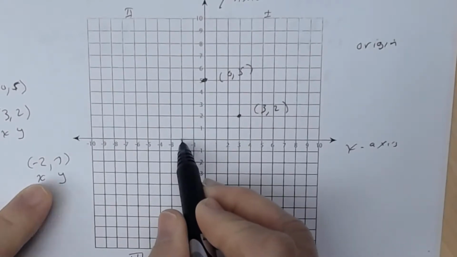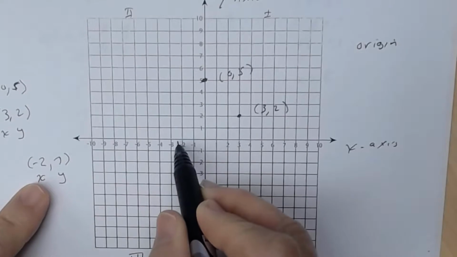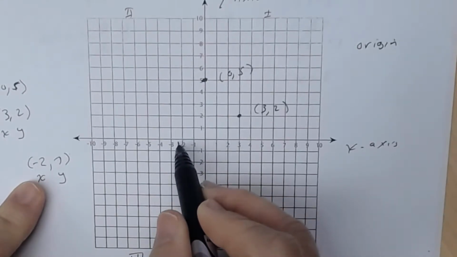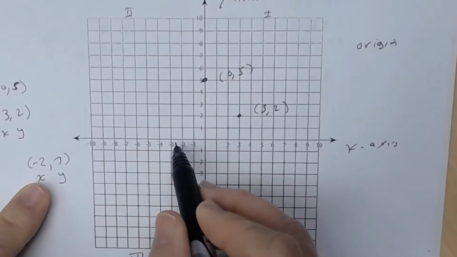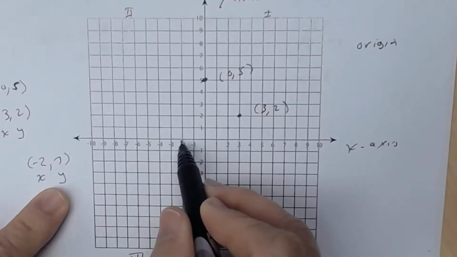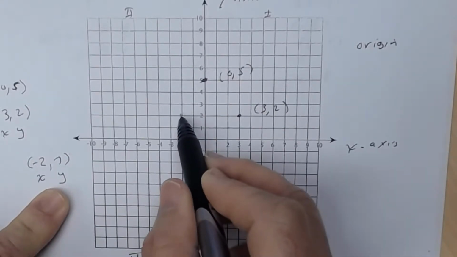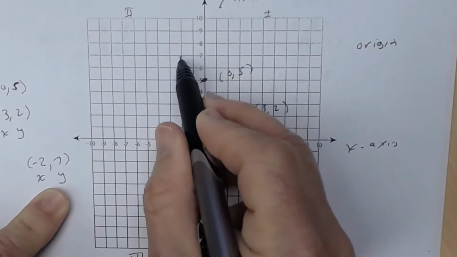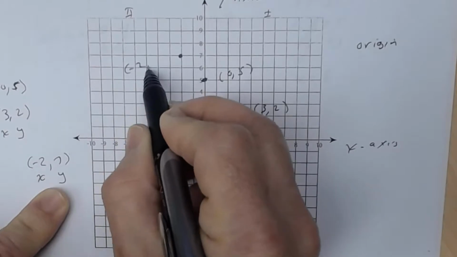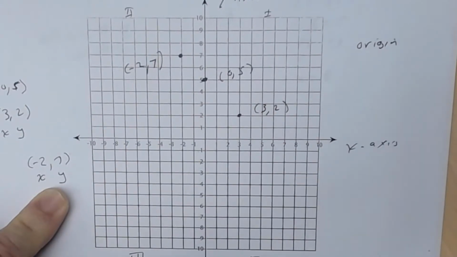That's not your point yet; all you've done is go to the left 2 units. But y is +7, so I go up 7: 1, 2, 3, 4, 5, 6, 7. That's the point (-2, 7).